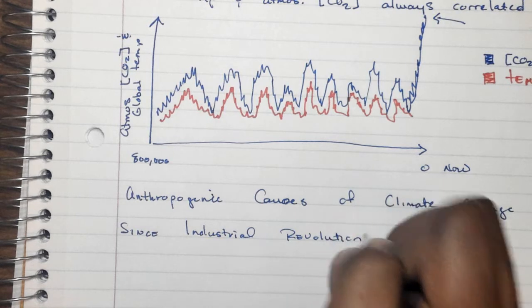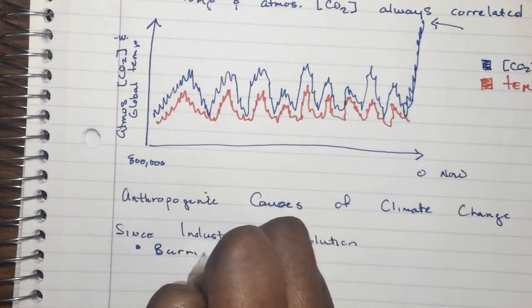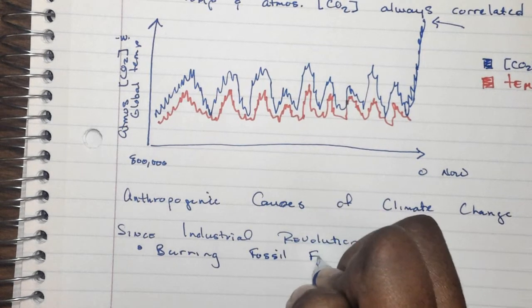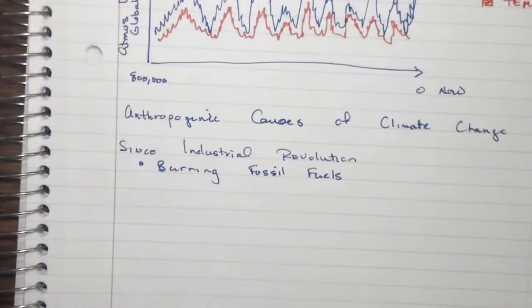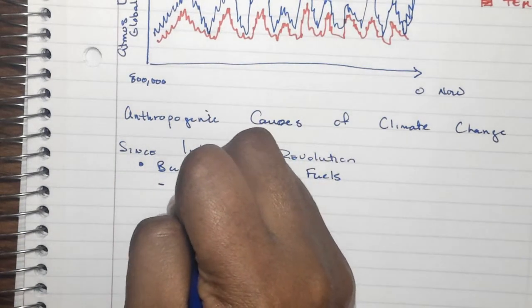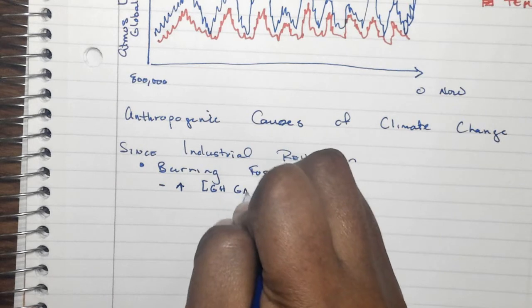Revolutioning. Excellent. How about burning fossil fuels? So there's been an increase in burning fossil fuels. So what happens is that there's an increase in greenhouse gases in the atmosphere.